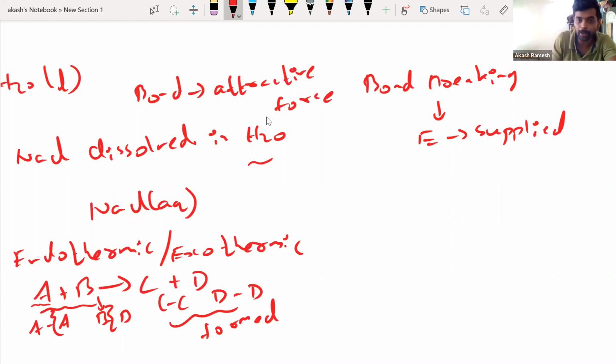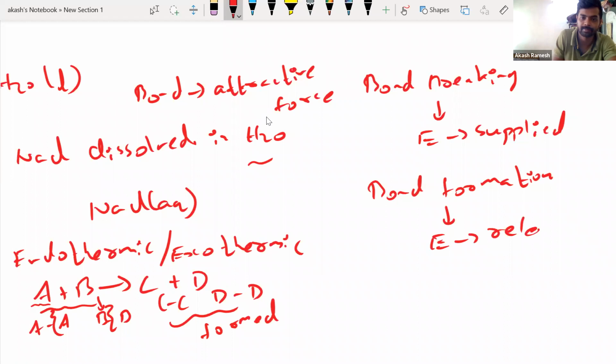And the opposite is going to happen if a bond is formed. In bond formation, energy is released. It's obviously opposite. It is going to become more stable. We spoke about stability and energy in the first class, isn't it?